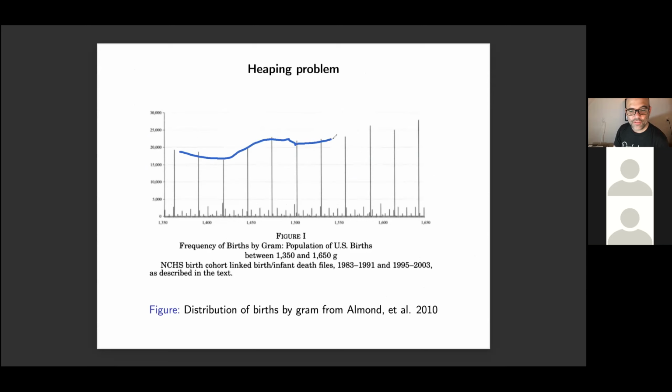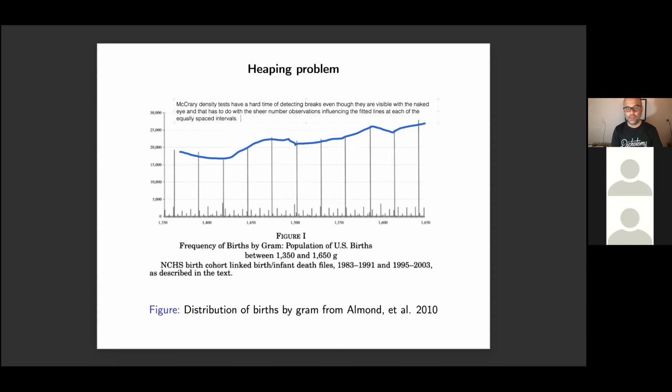This ends up being the fitted value. And McCrary density tests have a hard time detecting breaks, even though they are visible with the naked eye. And that has to do with the sheer number of observations influencing the fitted lines at each of the equally spaced intervals. So McCrary will not reject.